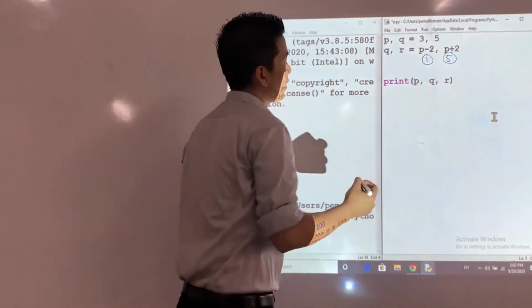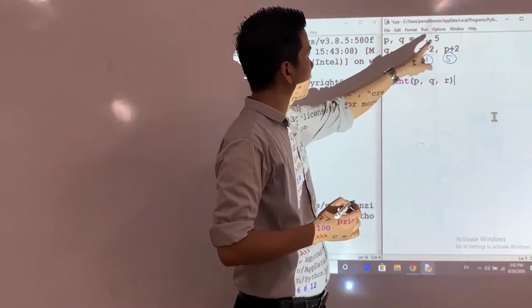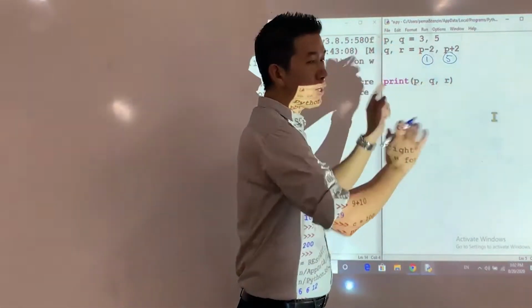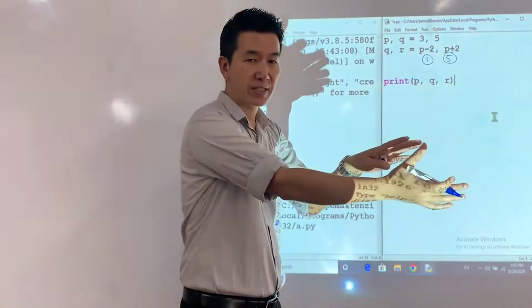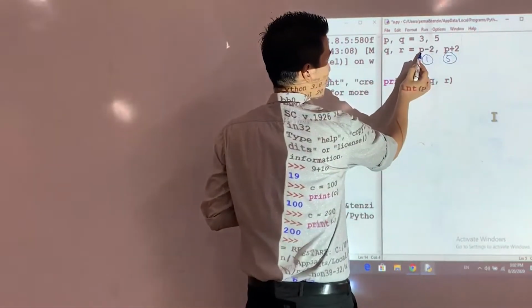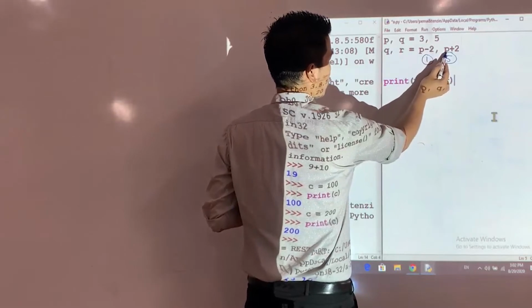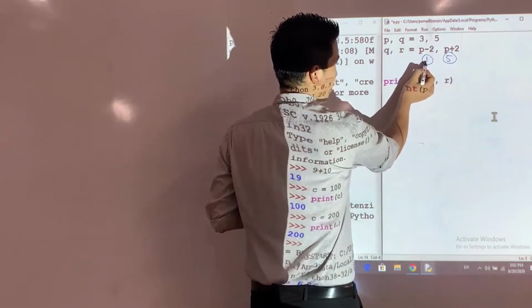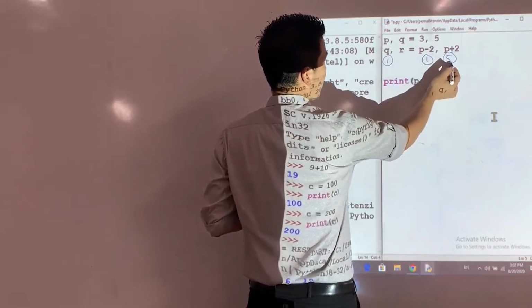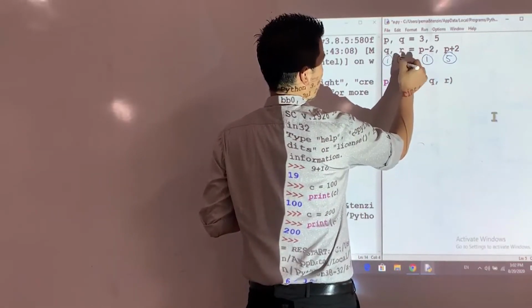Evaluate the expressions on the right hand side first before you do the assignments. So be careful, 3 minus 2 is 1, 3 plus 2 is 5, and 1 will be assigned to Q, and 5 will be assigned to R.